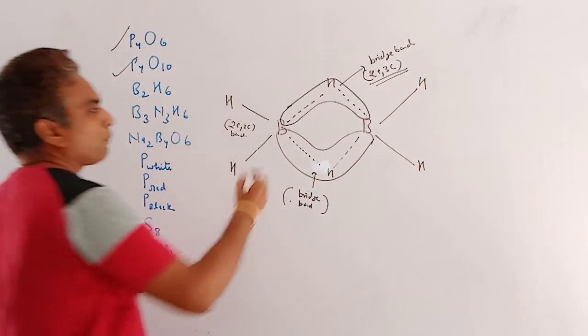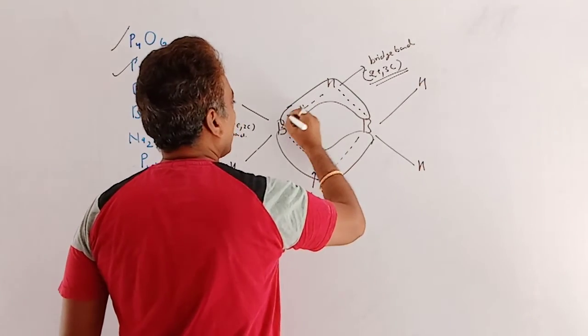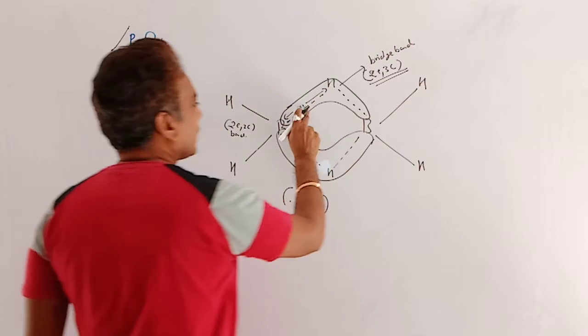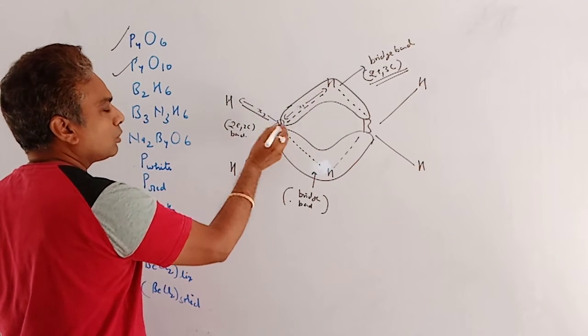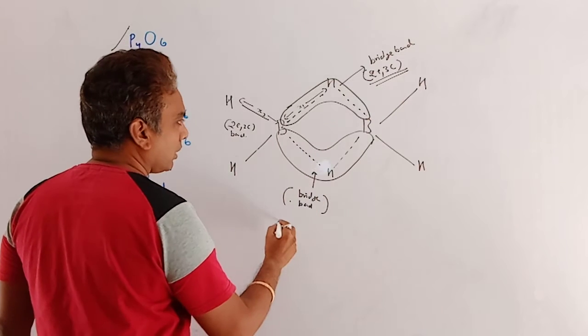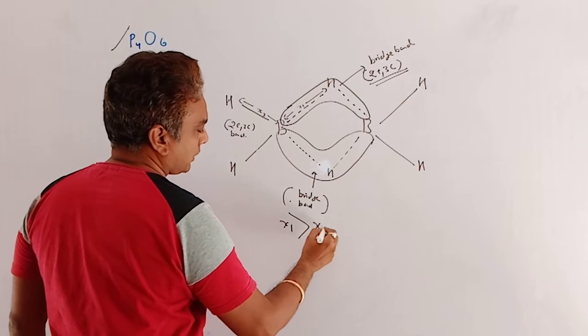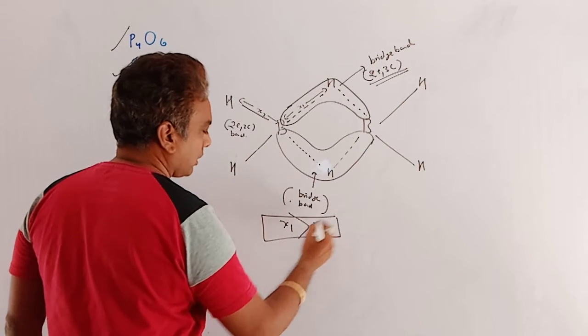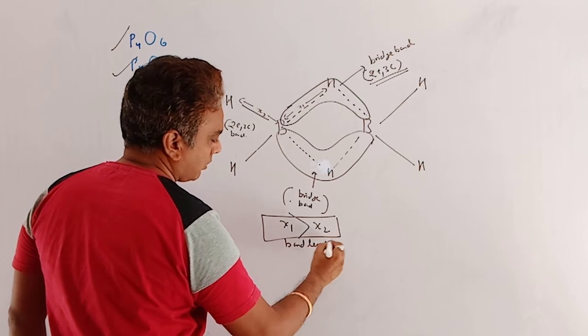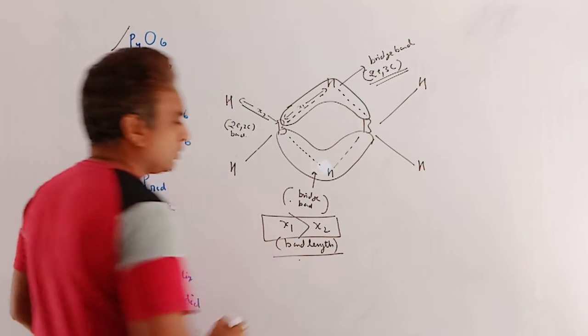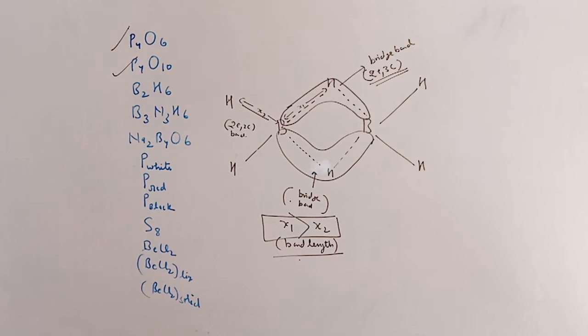One more thing: if the bond length of the banana bridge bond is assumed as x1 and the normal B-H bond is x2, then due to 2 electrons between 3 centers, x1 is slightly larger as compared to x2. Clear?